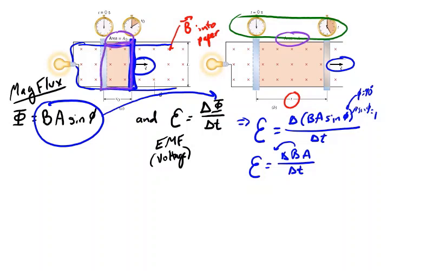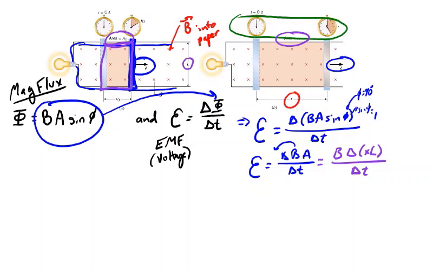I really just take the length times the width. So I have this L, which is the distance between these two wires, and then this X distance, but I'm going to change that little X distance. So I'm going to write area as L times X, just to make this a little bit easier. So I'm going to have a B, and then I have a change of XL over delta t.